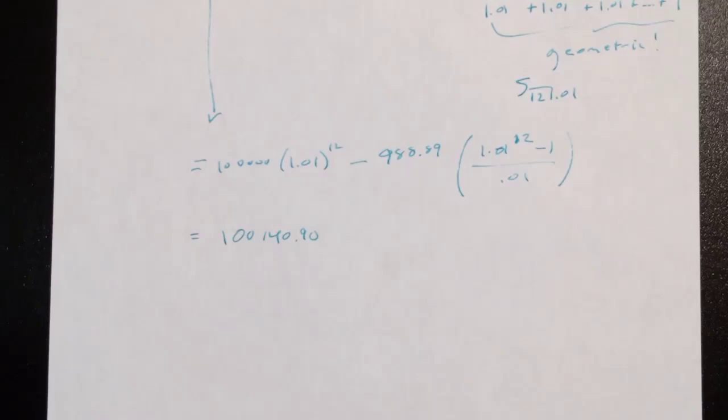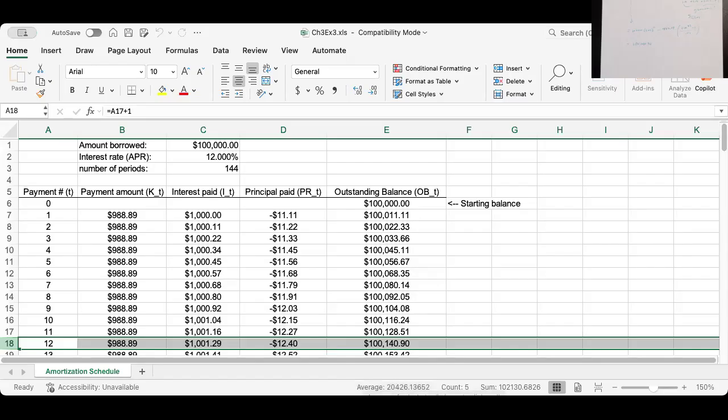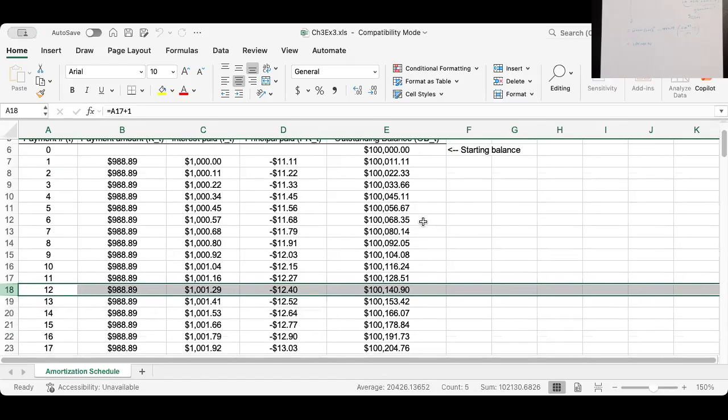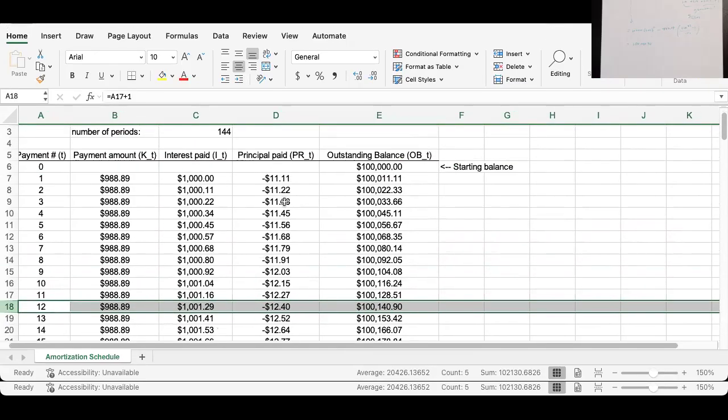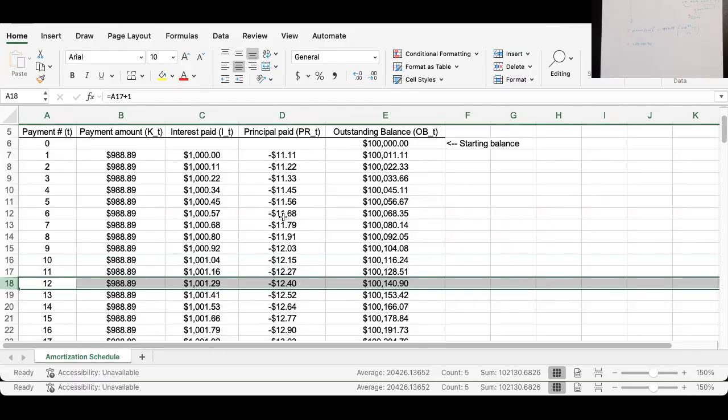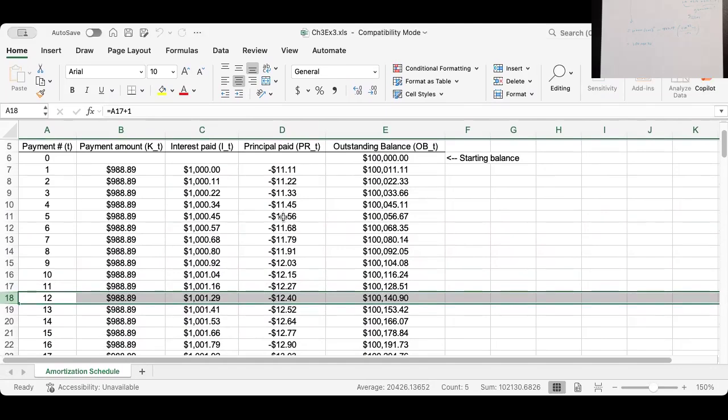I did actually do the entire sheet in Excel. Here it is. And you'll notice all of this principal paid, PRT, is negative because the interest I'm earning is more. It turns out, because of the way we structured this particular set of payments, that they would go from level at $988 to level at $1,900.